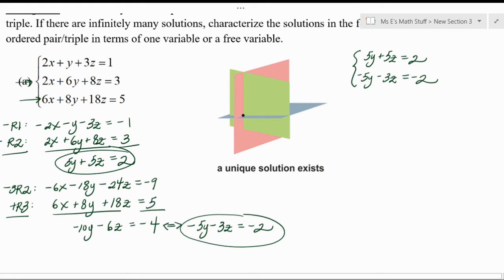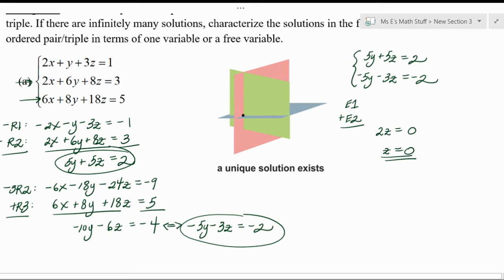Now maybe you can see why I wanted to keep the negativity, because all I have to do is add the 2 equations together. So I'm just going to say equation 1 plus equation 2. No reason to rewrite them, since it's easy to add them as is. I'd end up with 2z equals 0, which means z equals 0. Great, so now I know the z coordinate.